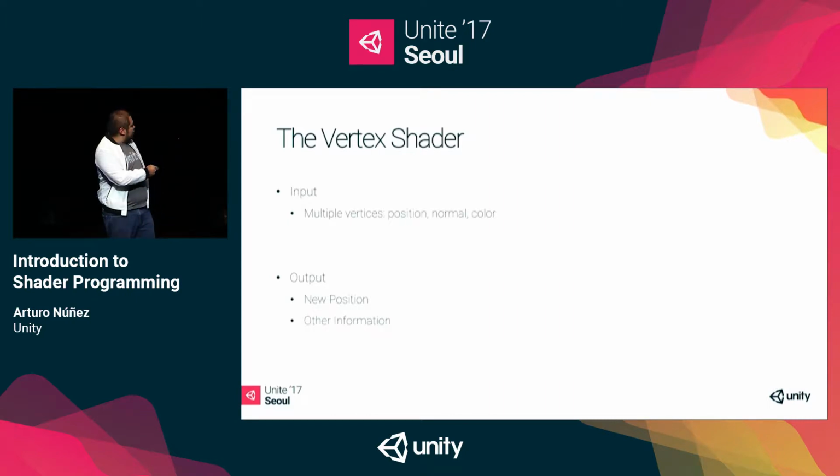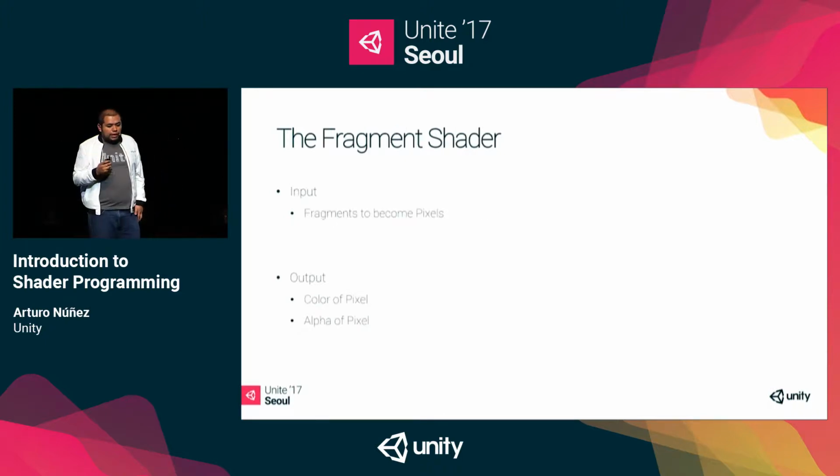This is just a summary of what I just said. What is the input and what is the output of the Vertex shader, right? The same goes for the fragment shader. Here I just want you to notice that we have as an input something called a fragment, right?